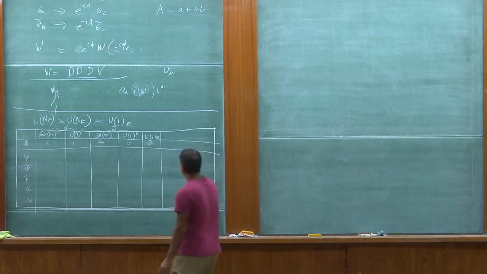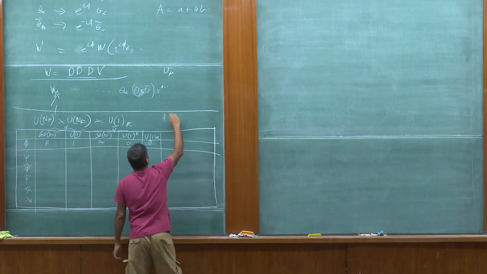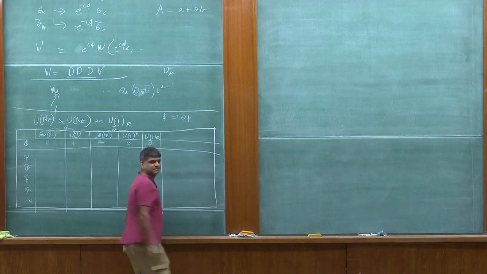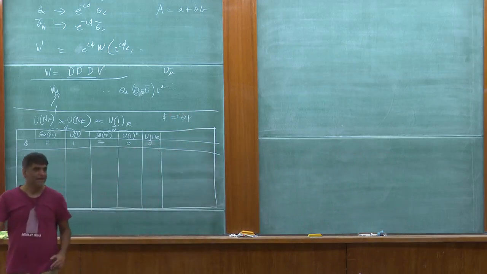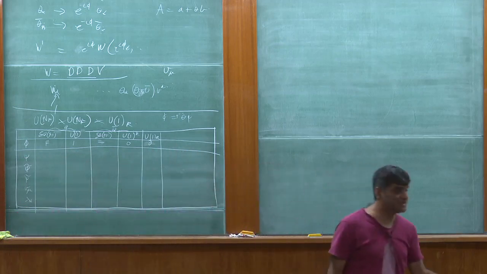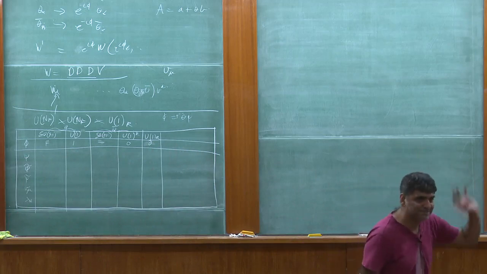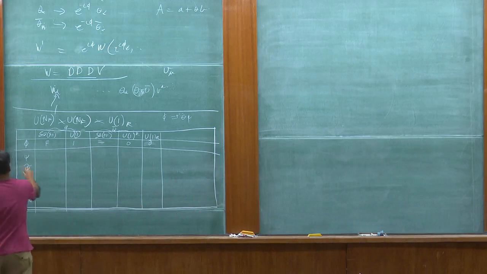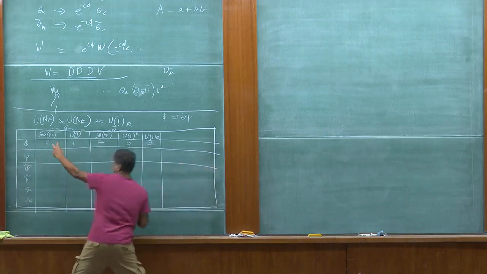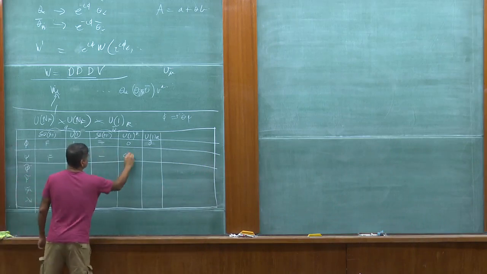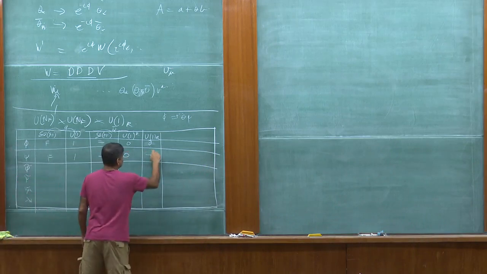Now let us remember that phi was equal to theta psi. Theta carries charge 1, so psi has to carry charge -1 under R symmetry because phi carries charge 0. And so everything else here is the same because these commute with supersymmetry. So fundamental, 1, 0, but this guy carries charge -1.